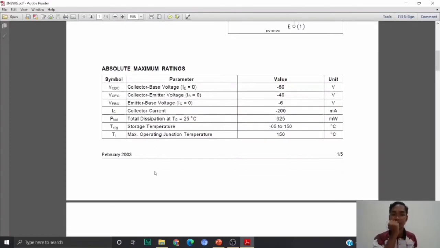Okay, this is the absolute maximum ratings: collector base voltage, collector emitter voltage, emitter base voltage, collector current, total dissipation, storage temperature, and maximum operating junction temperature, as you can see in this table.